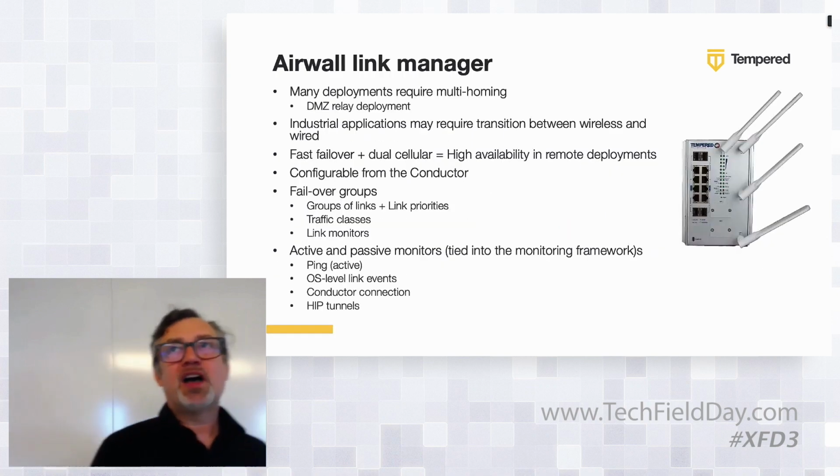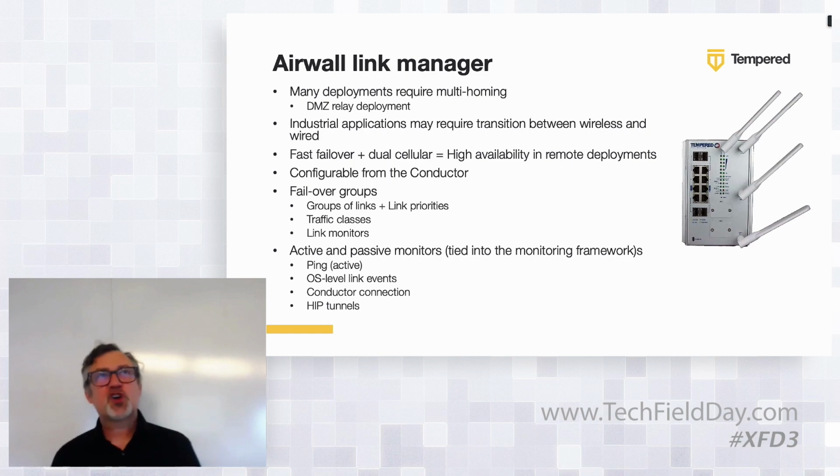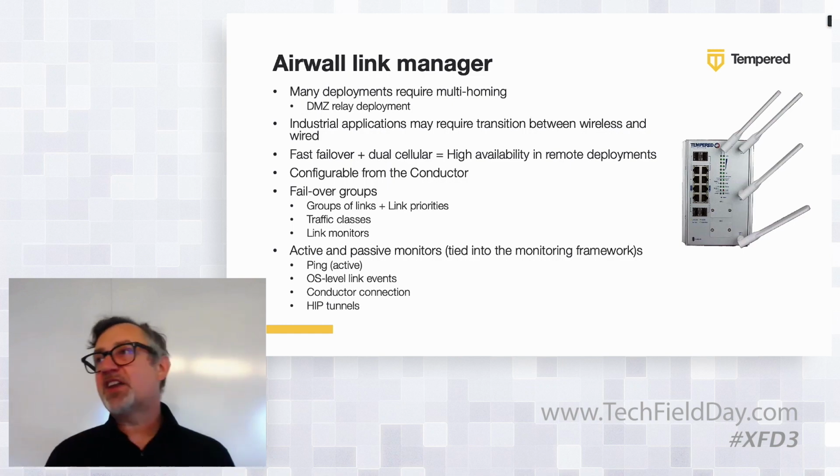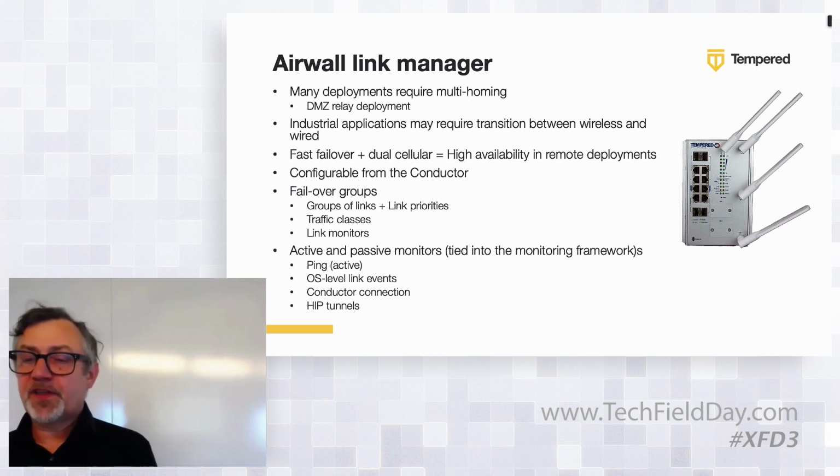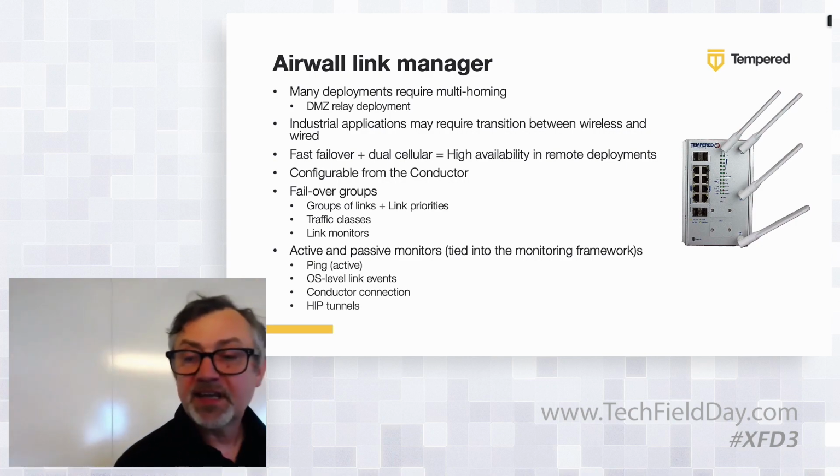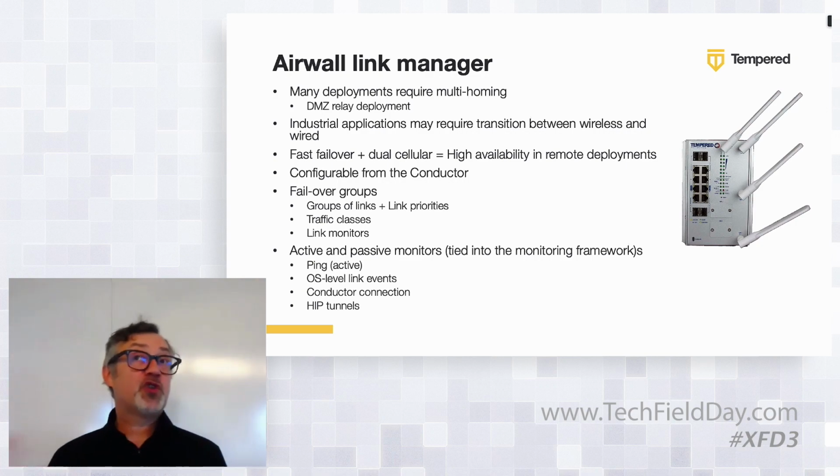Okay. So last thing to talk about here is our link managing framework, right? One of the nice things about our air walls is that we have models that allow you to equip them with dual SIMs.